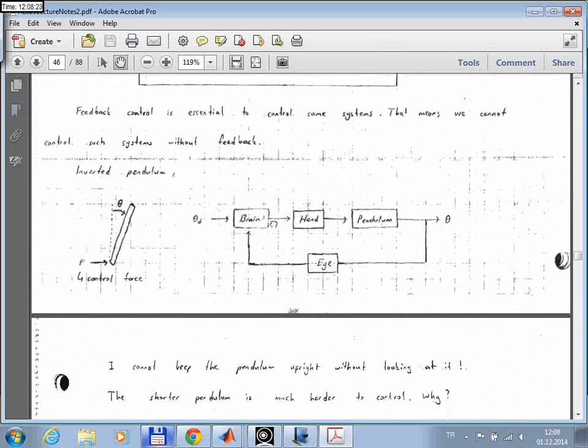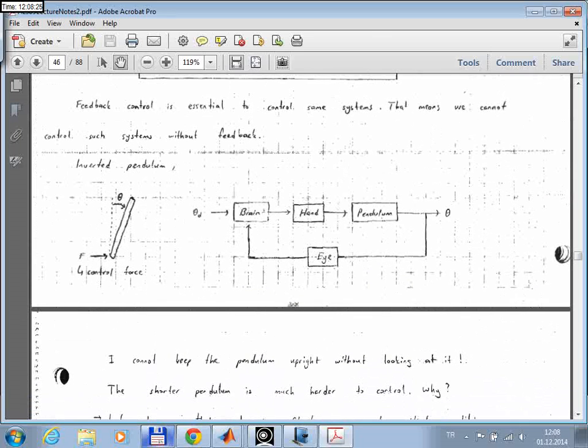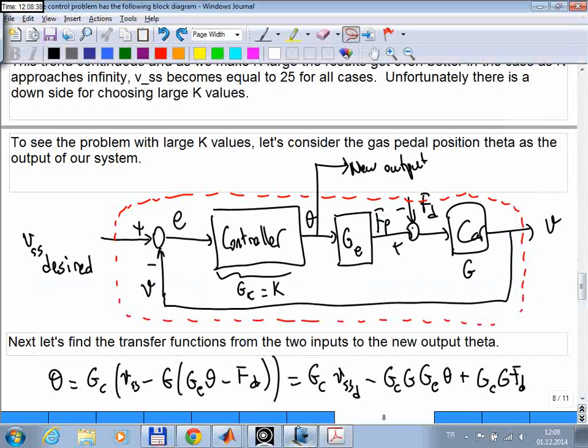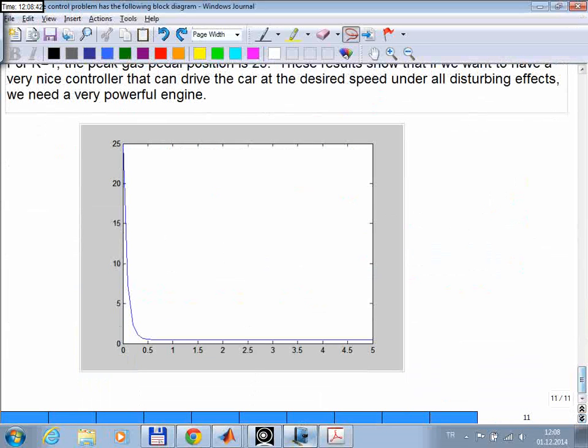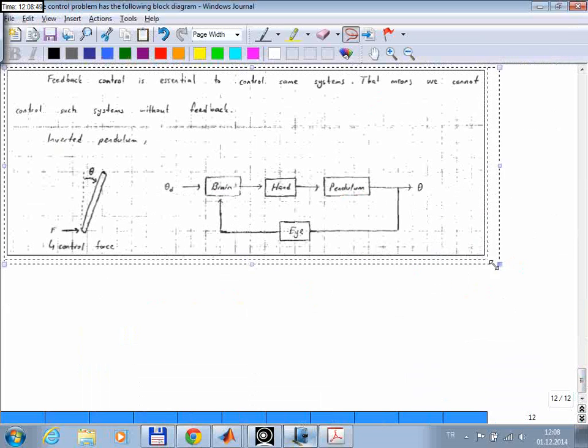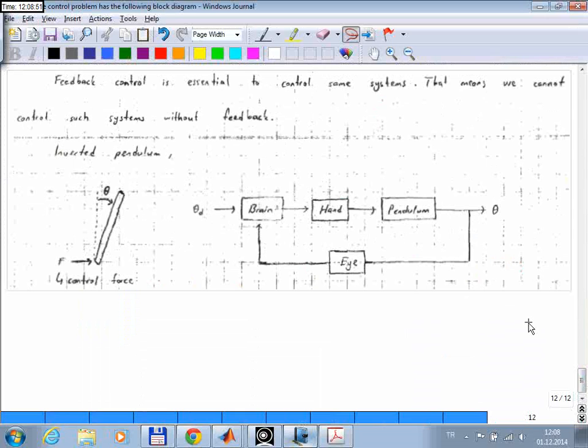Okay, so this is the block diagram for the demonstration I just made. Okay, so this is the control.